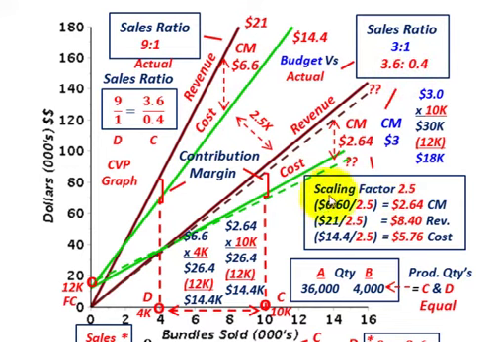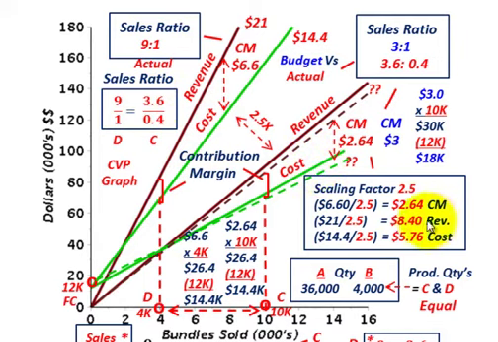Using that scaling factor, for our contribution margin we'll take the $6.60 up here and divide it by our scaling factor of 2.5. That's going to give us $2.64 as a contribution margin per bundle or unit of sales based on that 3.6 to 4.0 scaling factor, which is equivalent to the 9 to 1 ratio.